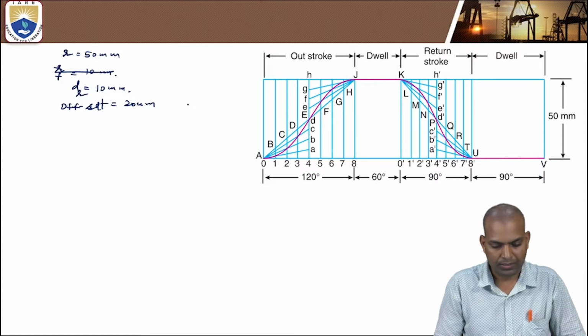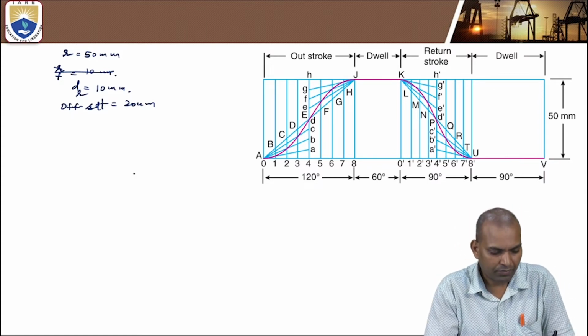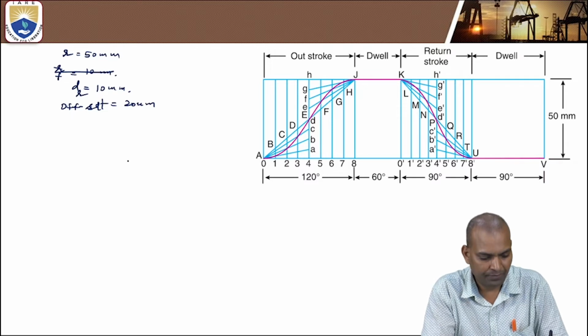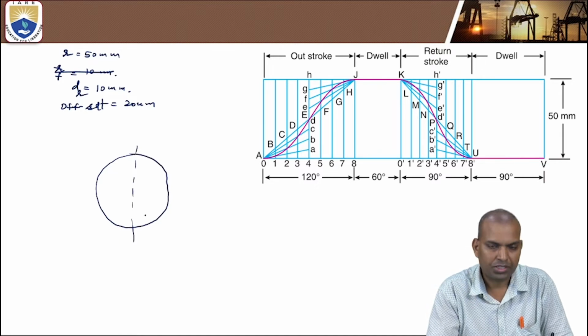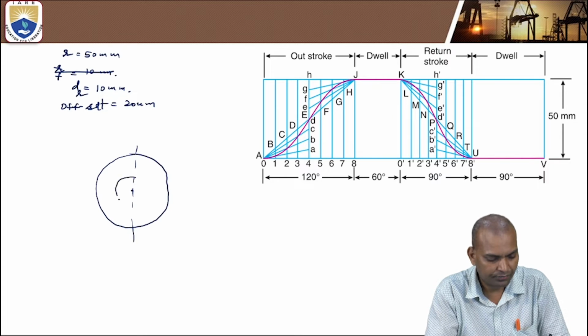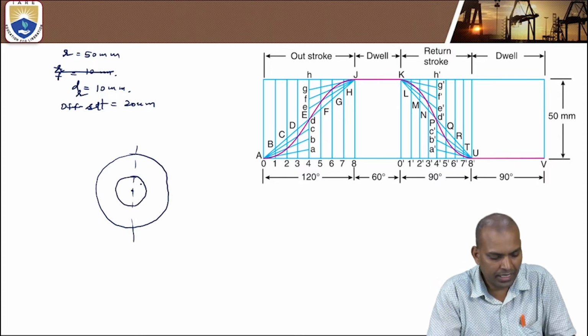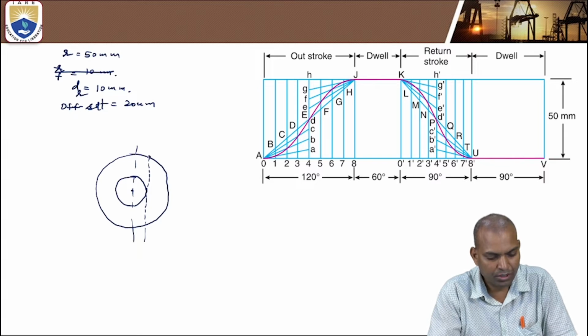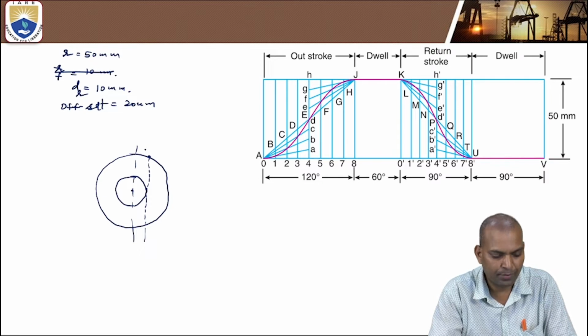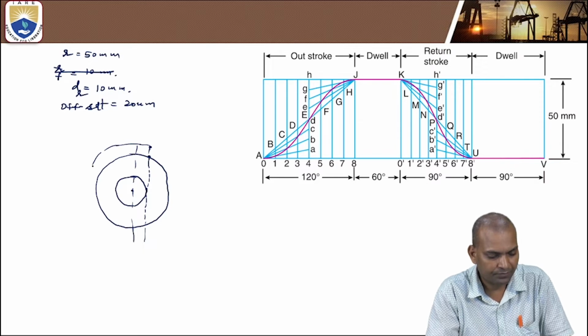Now, how to start? Draw the minimum radius of the cam. Next, draw the offset circle. After drawing the offset circle, draw a vertical axis line touching the offset circle. This is the point. The roller diameter is 10 millimeters, so take the radius 5 millimeters with this axis and draw another circle.